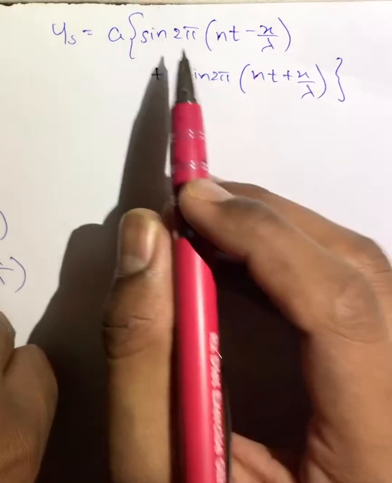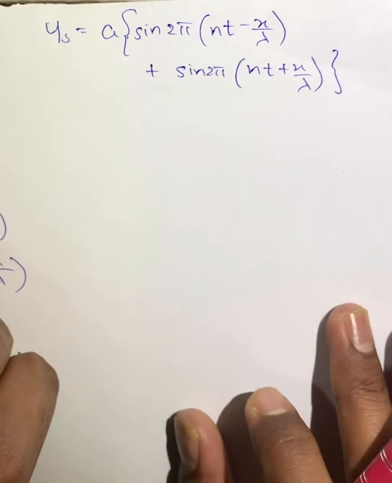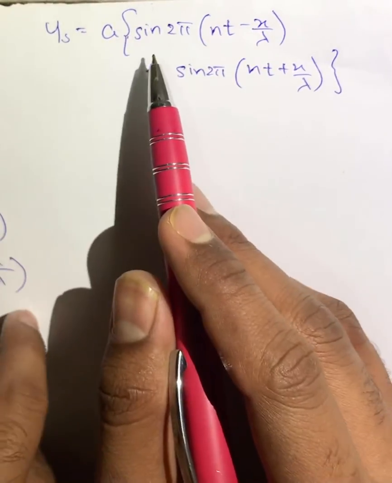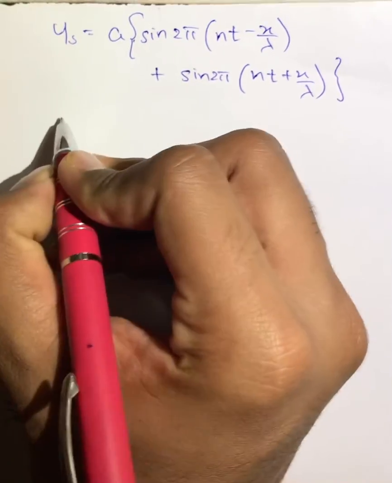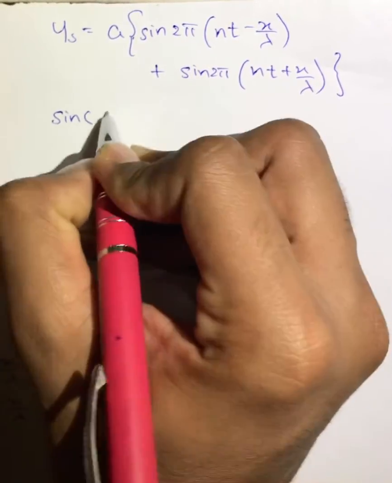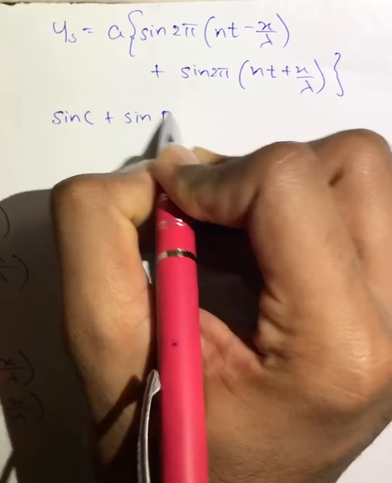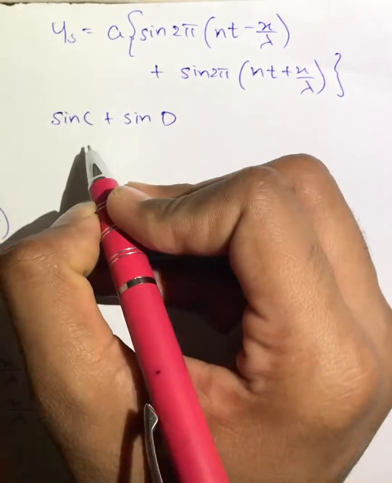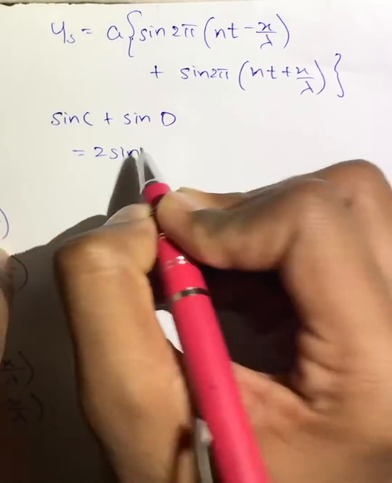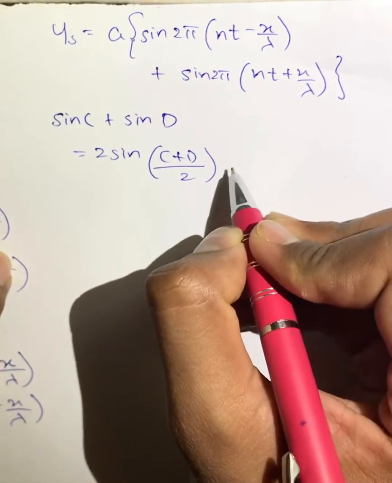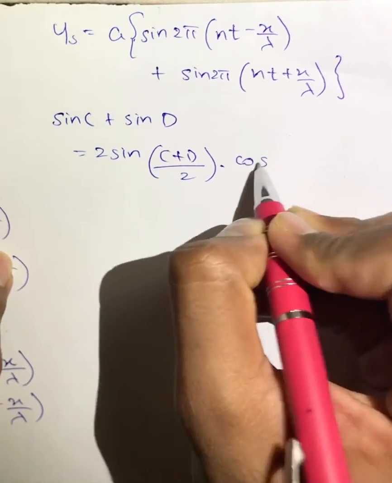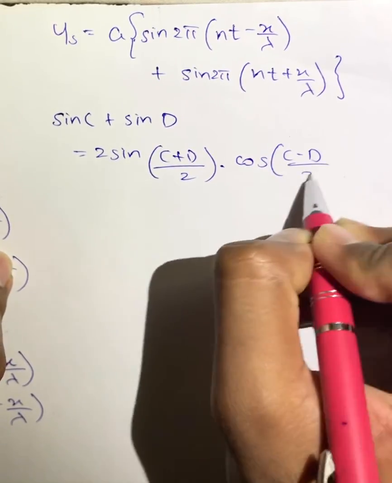Now in these curly brackets you can see one mathematical formula, that is sin C plus sin D. If you don't know the formula, I am writing it over here. Sin C plus sin D is nothing but 2 sin ((C plus D) upon 2) into cos ((C minus D) upon 2).